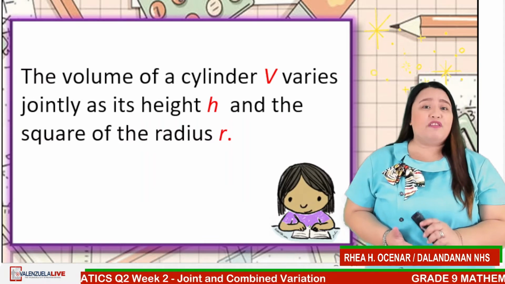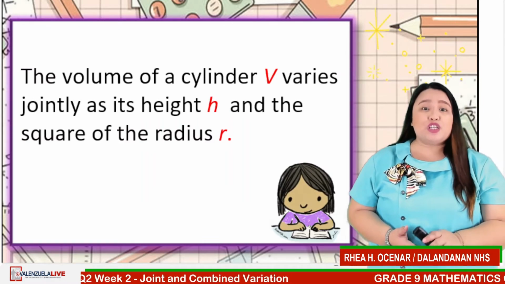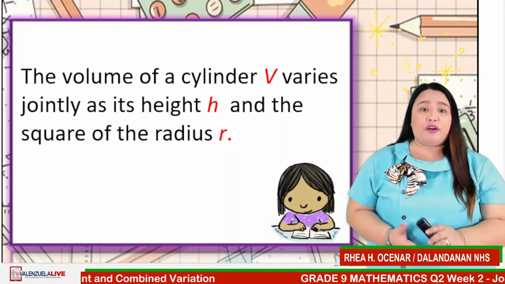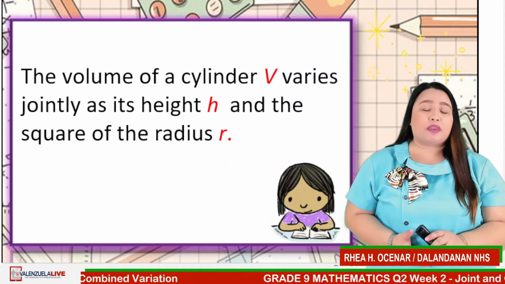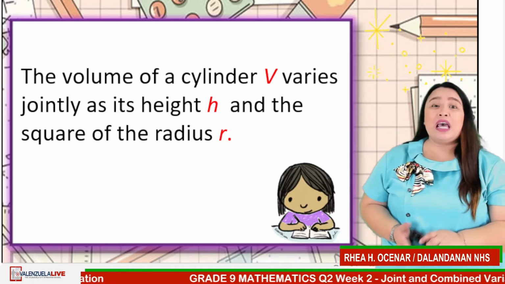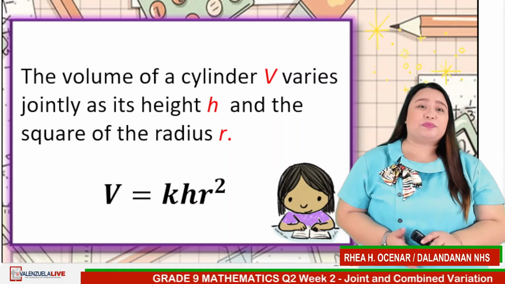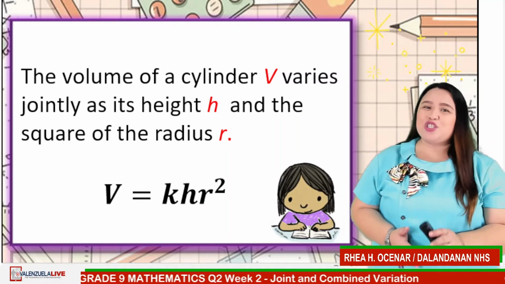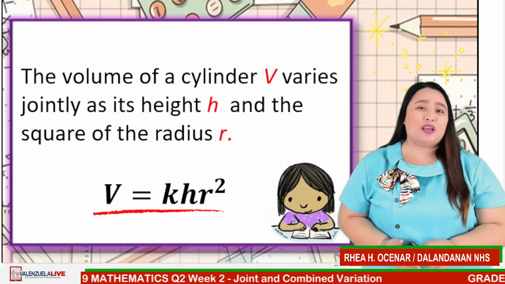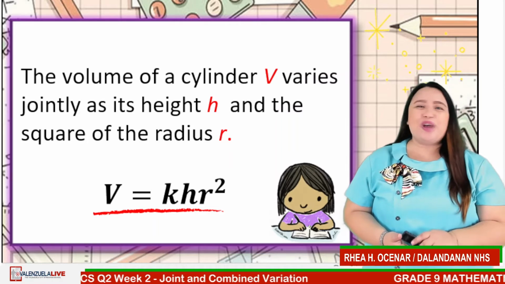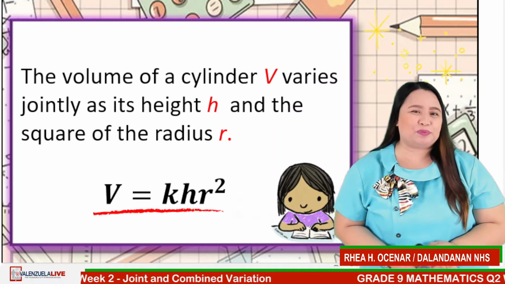The volume of a cylinder V varies jointly as its height h and the square of the radius r. Key in now your answer. The correct answer is V is equal to KHR squared. Did you get it correctly? Magnificent! You are now ready to the next level.